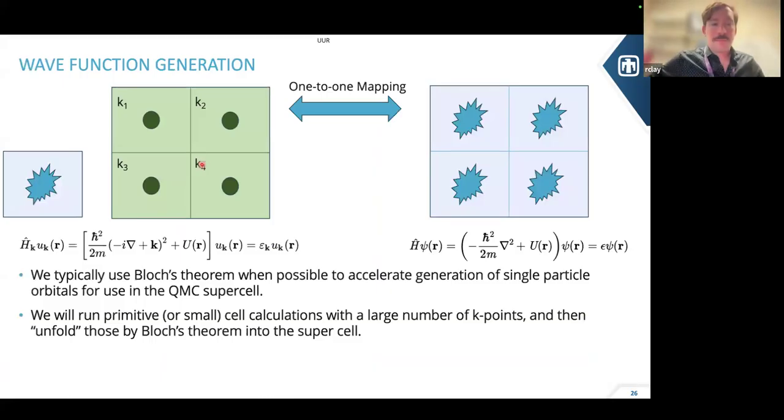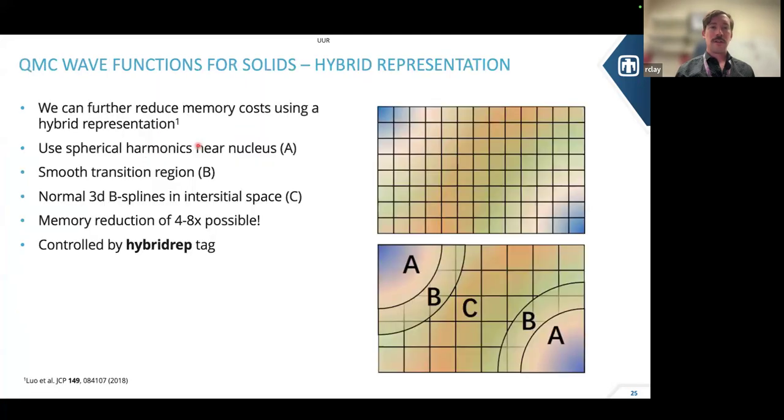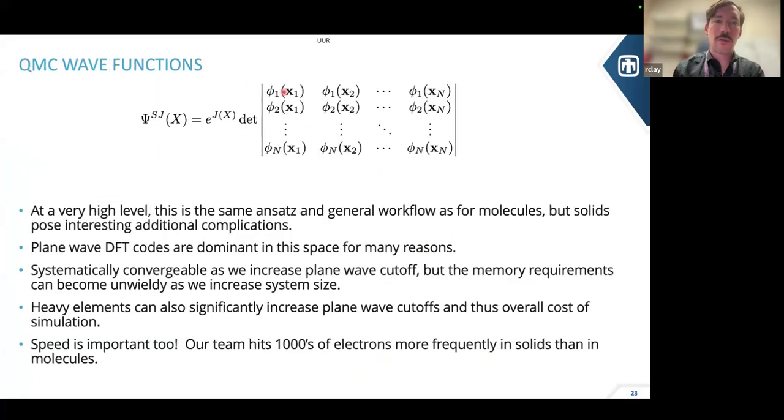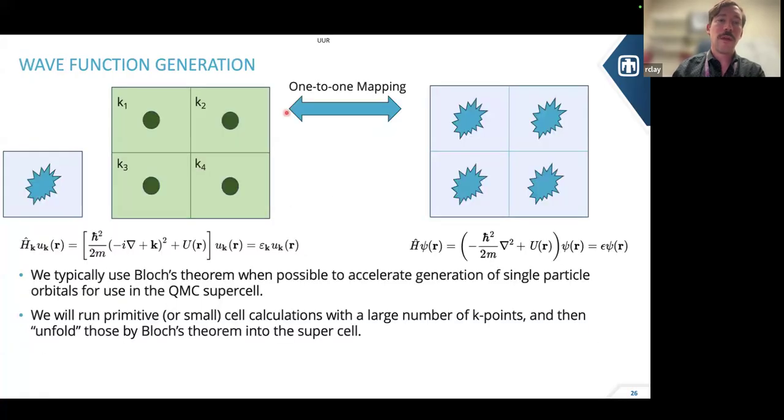So then we're back to Bloch's theorem. I've already explained how we represent these orbitals. But it's a single Slater-Jastrow wave function, so we do have to build up all these orbitals ostensibly for a supercell. What we do is try to keep the DFT calculations in the primitive cell as much as possible.